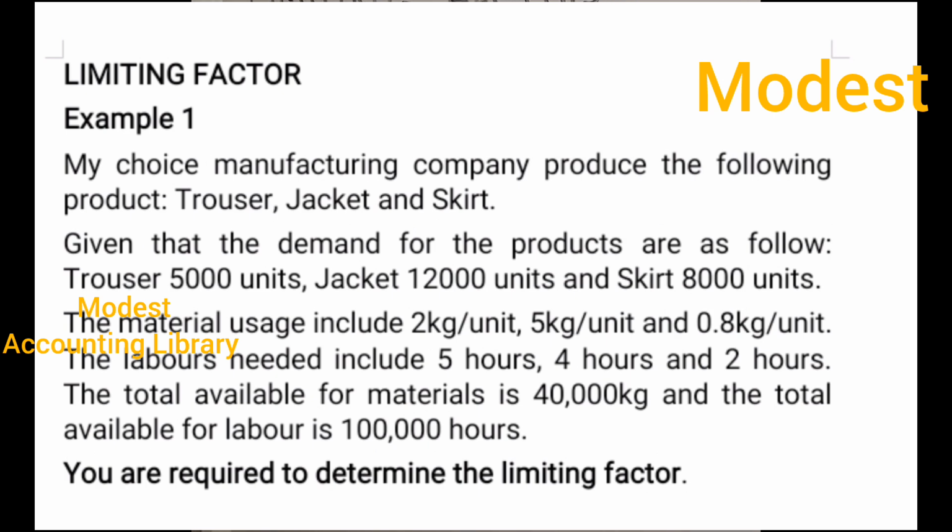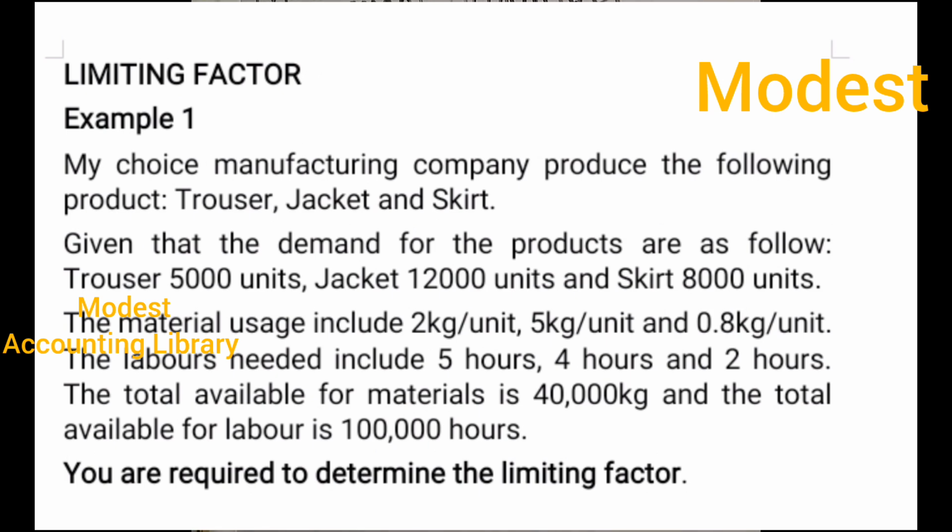The labor needed includes 5 hours, 4 hours, and 2 hours. The total available for materials is 40,000 kg, and the total available for labor is 100,000 hours. You are required to identify the limiting factor.